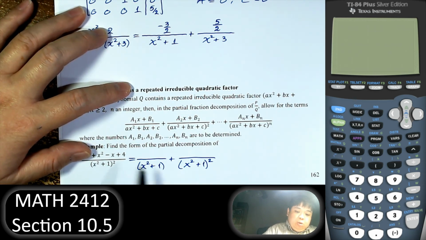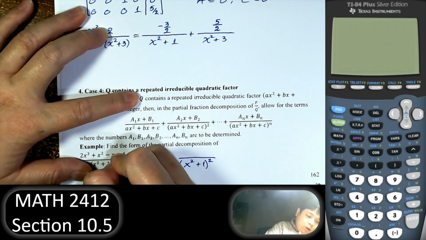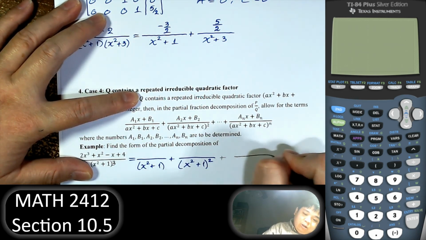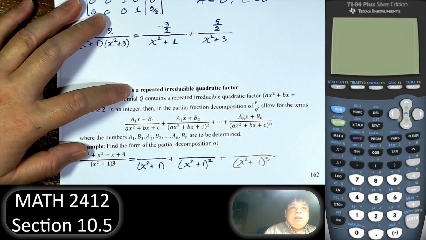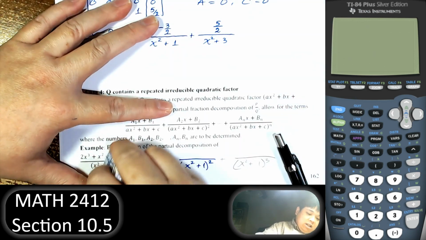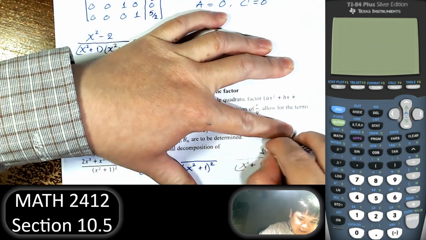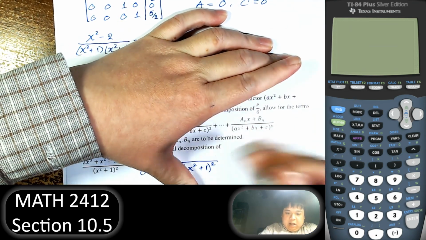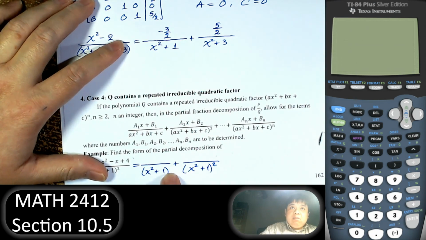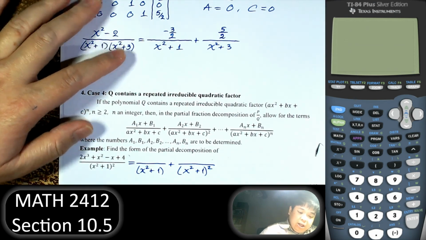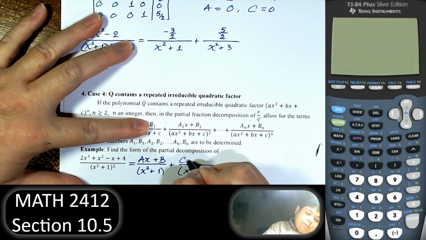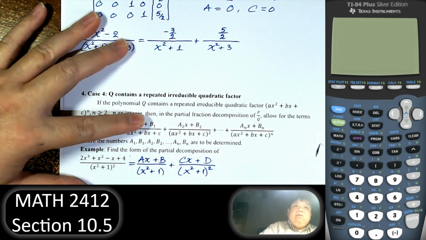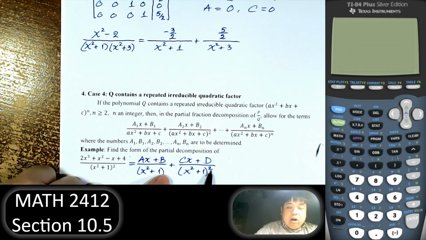If we have a cube, we're going to have 1 more. So that is the idea. But regardless of the power on the top, regardless of the power at the bottom, it still is just a linear function on the top. It doesn't matter what the power is.